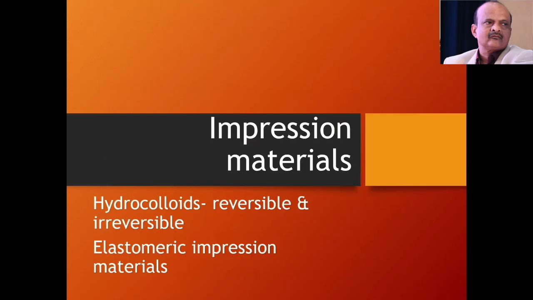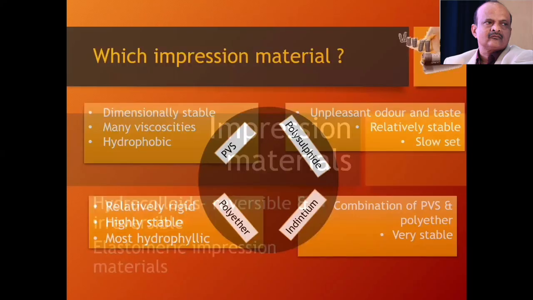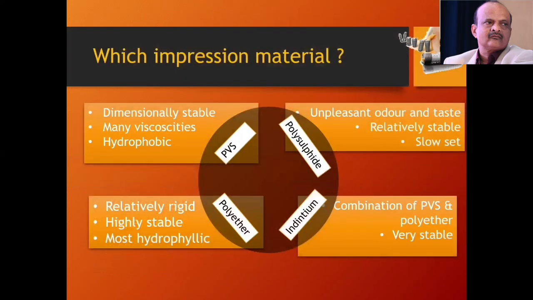The elastomeric impression materials are the core impression materials for our FPD and implant impressions. Elastomeric impressions are basically polyvinyl siloxane impression material, which has addition silicones and condensation silicones.